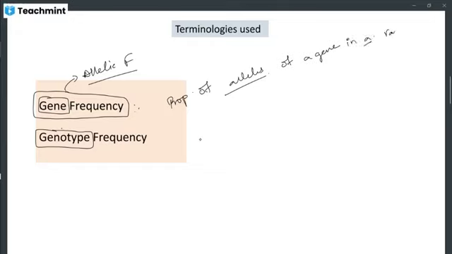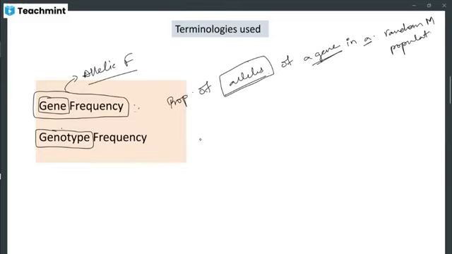In a random mating population, because we are discussing the Hardy-Weinberg law. So let us consider it is a random mating population.